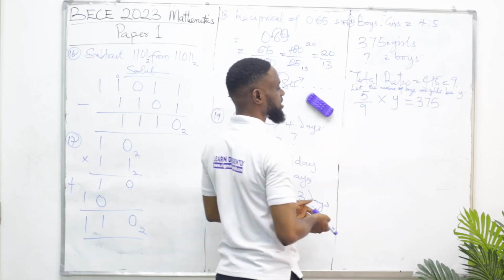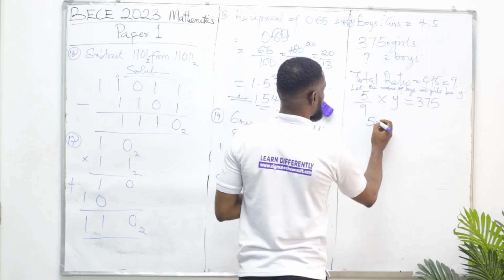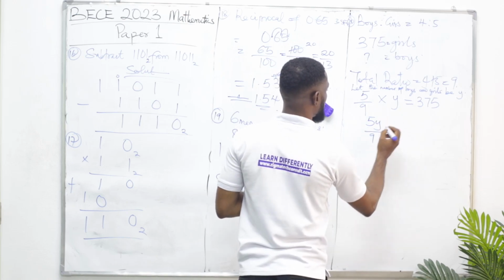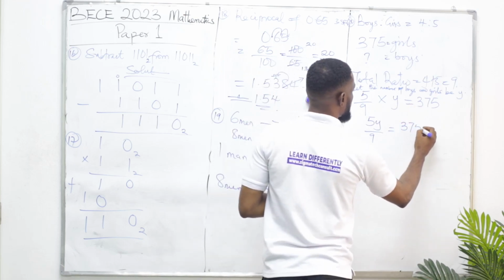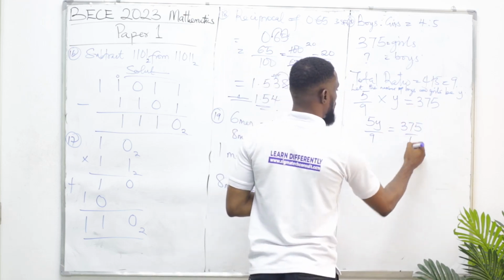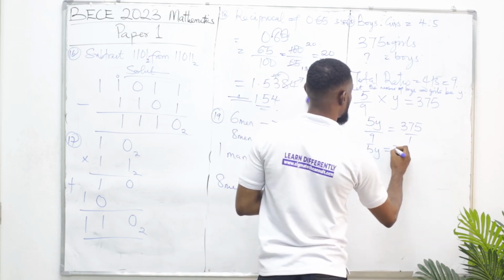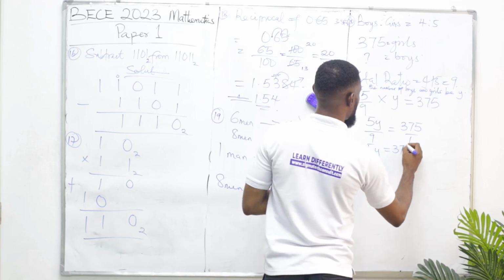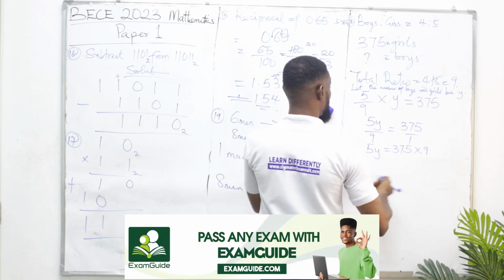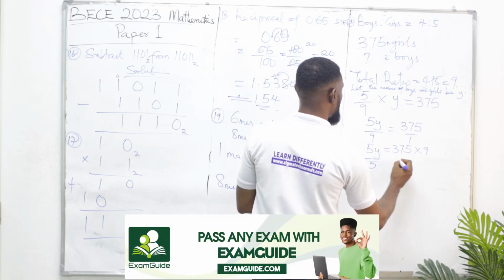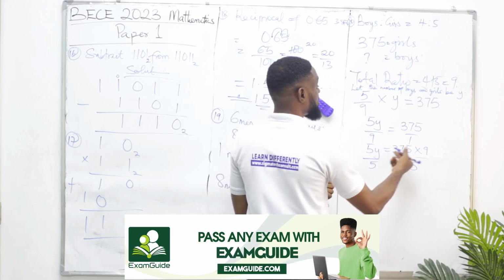So this is 5y, because 5 times y is 5y, all over 9, is equal to 375, which is over 1. If we cross multiply, this will be 5y is equal to 375 times 9. If we divide both sides by 5, we have 5y over 5 equals the right side over 5.